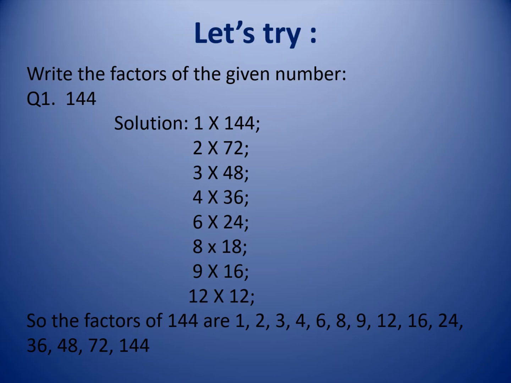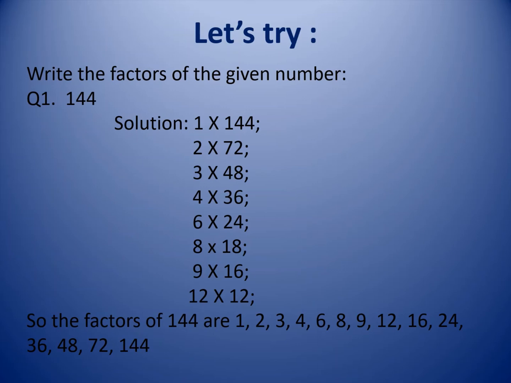So now we shall write the numbers on both sides of the multiplication mark. On the one side there is 1, 2, 3, 4, 6, 8, 9 and 12. Now the next side we shall start from the down side. 12 we have already done. 16, 18, 24, 36, 48, 72 and 144.